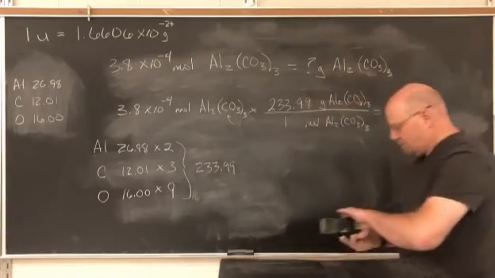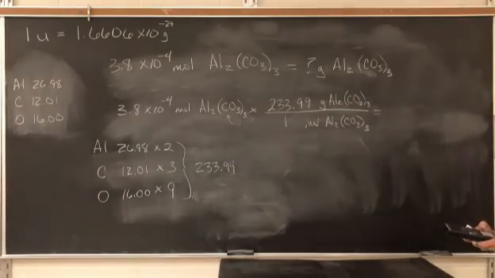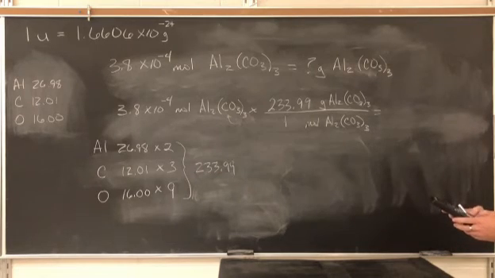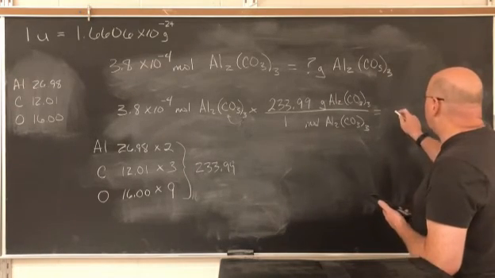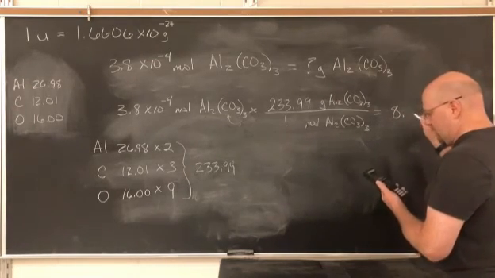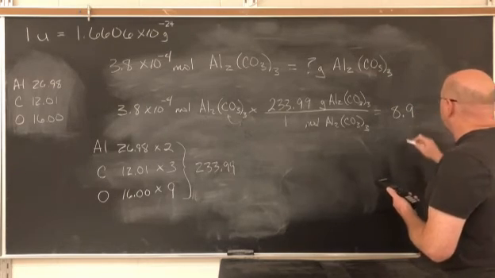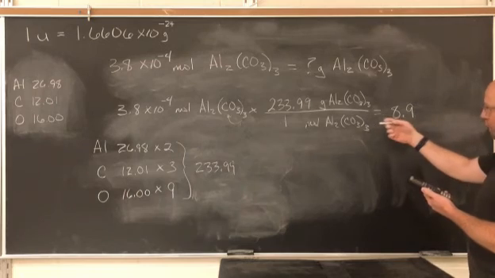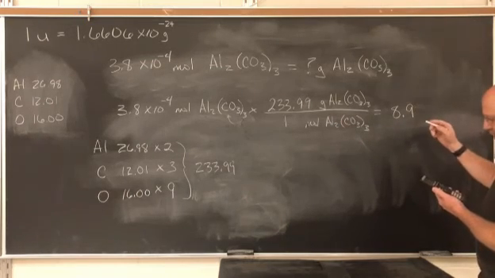Calculate it out. And you get 8.9. On your calculator, it comes to 8.891. So we only need 2 significant digits. So we're dropping the 9.